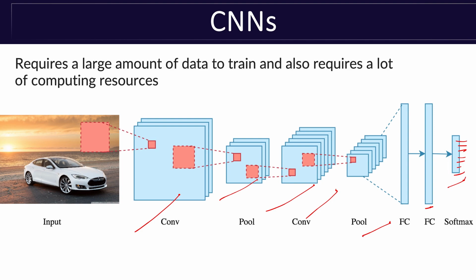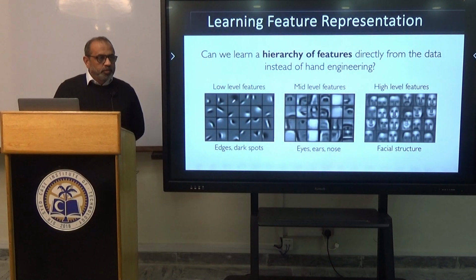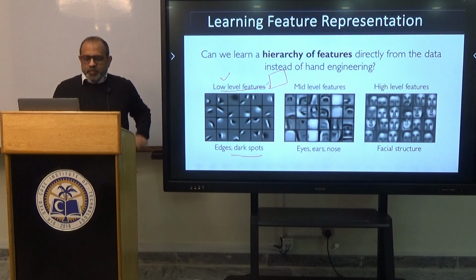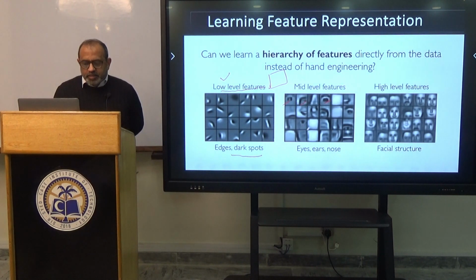By reducing it, look, this is what it is doing. Once you apply the 5 by 5 mask on the original image, it is going to extract low level features, which are edges and dark spots. Once you reduce the size to half, the mask remains 5 by 5, so it is going to give you the mid-level features, which are nose and eyes and so on.